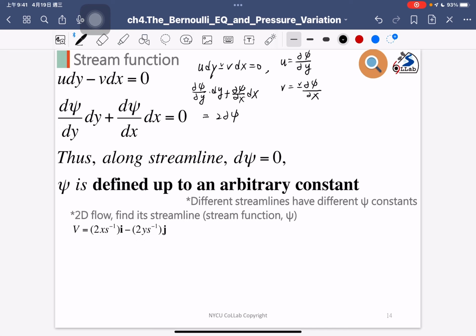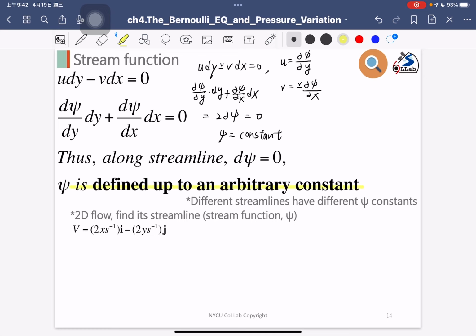And we actually know that 2 times the differential of psi will equal 0. So the only possibility is that psi is always a constant, because a constant value has no changes. Psi cannot change. So finally we know that the psi function, the stream function, is equal to a constant value. For psi, we can define it up to an arbitrary constant.